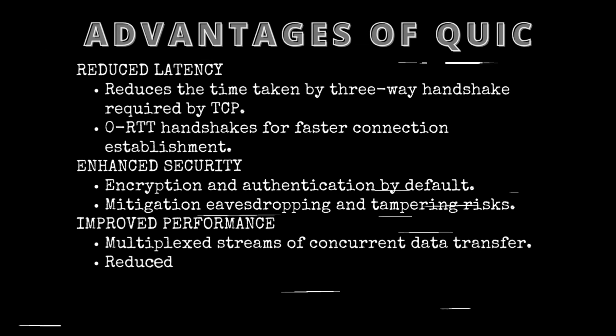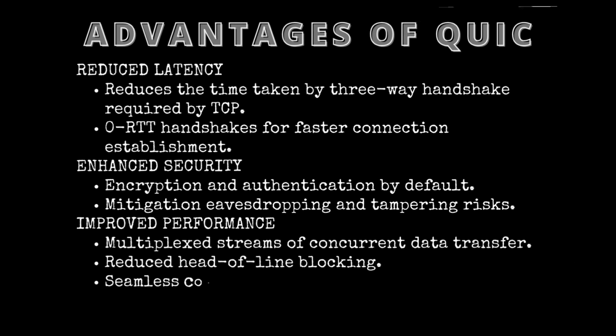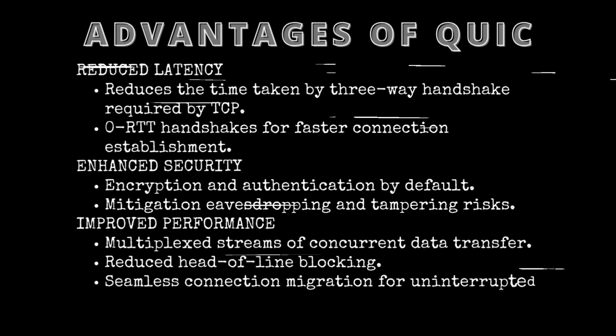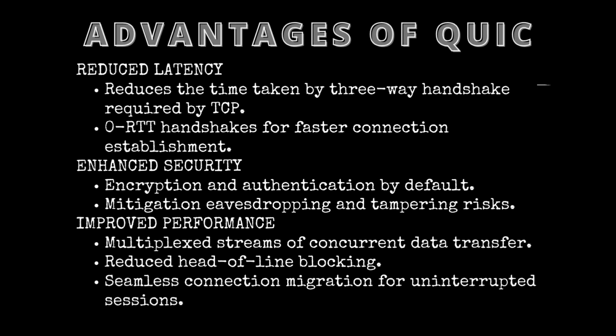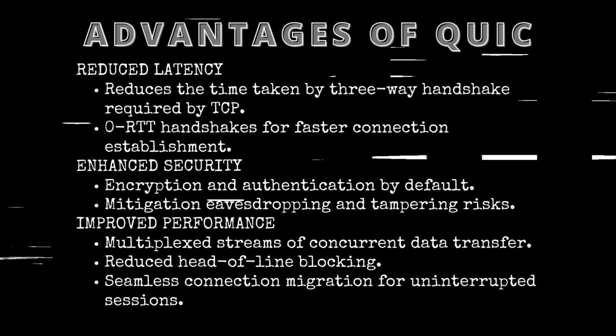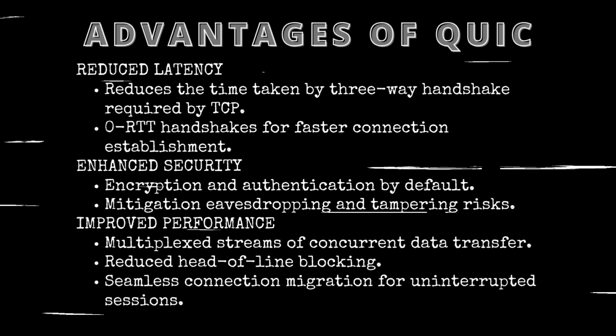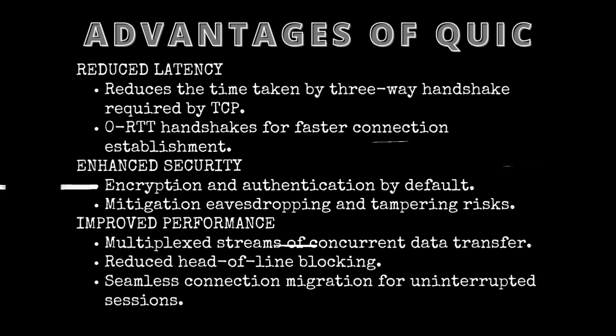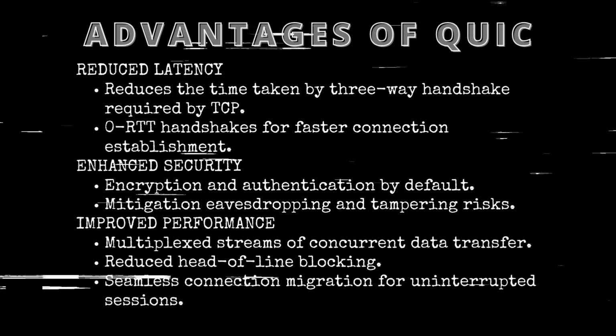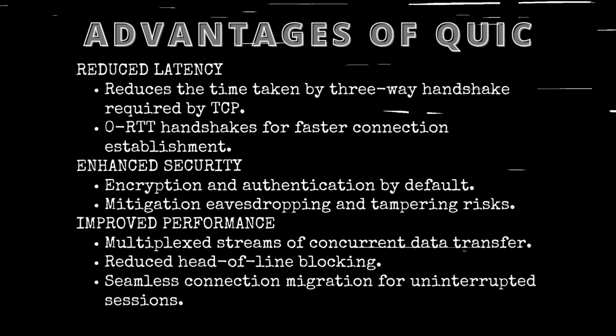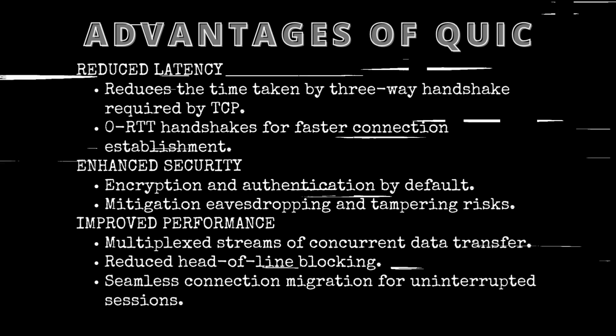With QUIC's innovative Zero RTT feature, handshakes are lowered, resulting in faster connection establishment, particularly beneficial for real-time applications like online gaming, video conferencing, and live streaming. Furthermore, it provides enhanced security by integrating encryption and authentication by default, mitigating the risks associated with eavesdropping and tampering, making it a more secure option compared to TCP.